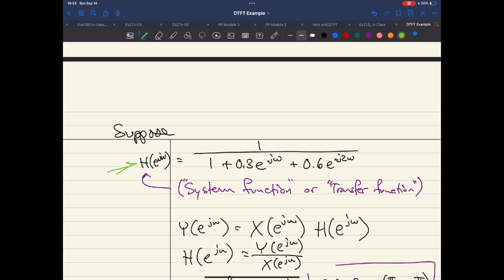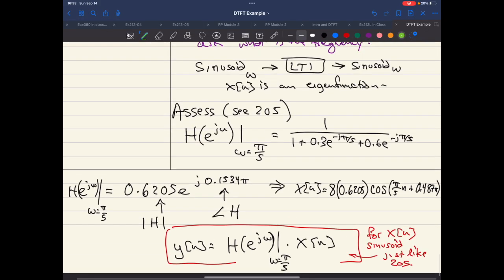And the answer to that is find the frequency of that sinusoid and apply it to that transfer function and multiply that directly to the input in the time domain, mind you, because at the end of the day, once we assess this guy at a specific value, this is just a constant.